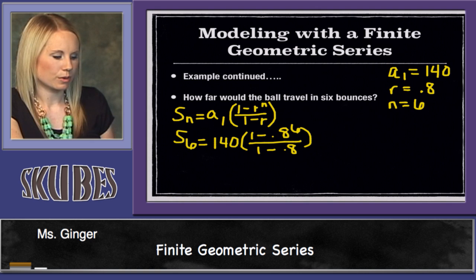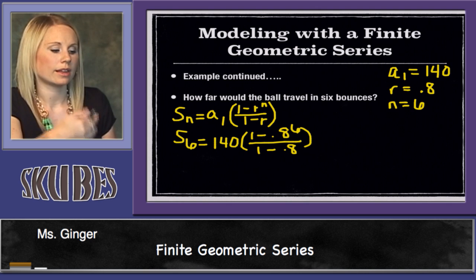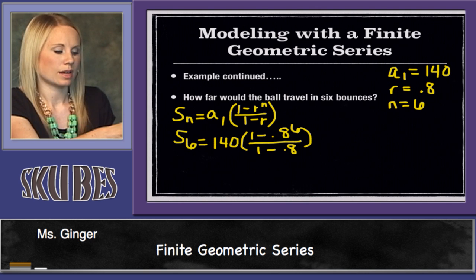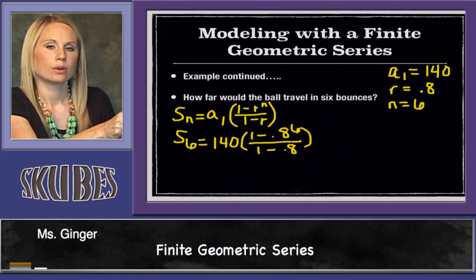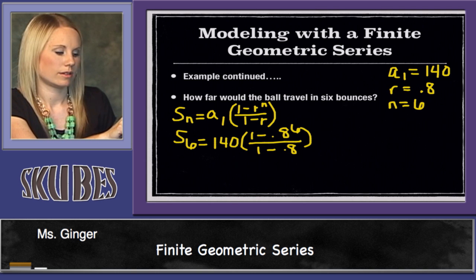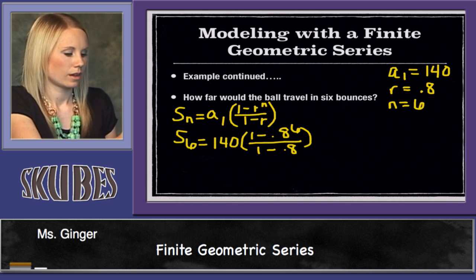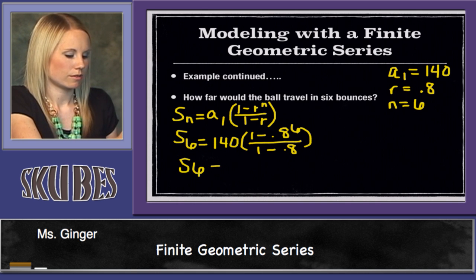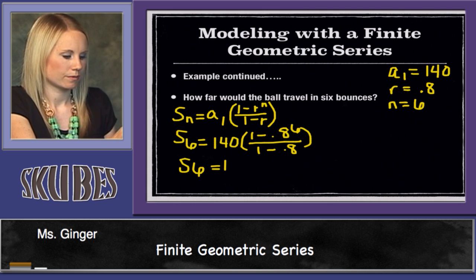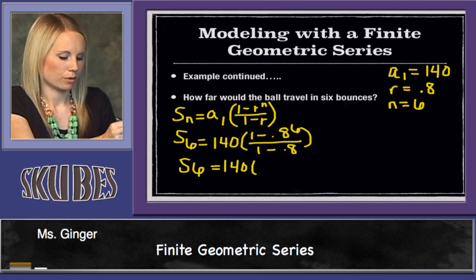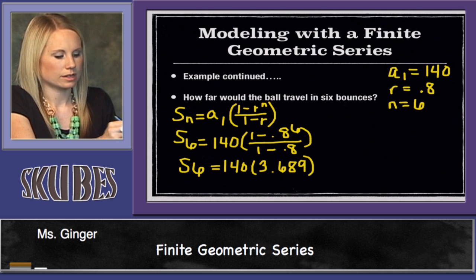Okay, and we're going to follow the correct order of operations here. We're going to calculate numerator inside parentheses and then denominator. We're going to get that division going, and then once we have the number inside parentheses, we're going to multiply by 140. So following that order, if you're calculating along, you should come up with 140 times roughly 3.689 in your parentheses here.